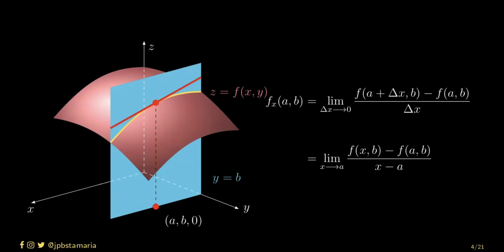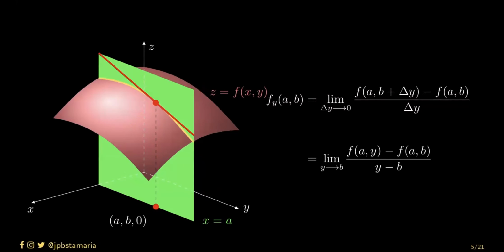So parang it's as if in the direction of this yellow curve, in the direction of the plane y equals b. On the other hand, ang partial derivative mo naman with respect to y, si x naman yung naka-fix, si y naman yung gumagalaw, so yung plane, yung cutting plane mo ay baligtad naman. Your cutting plane this time, pag nag-add ka naman ng delta y, yung cutting plane mo ay, in this direction.